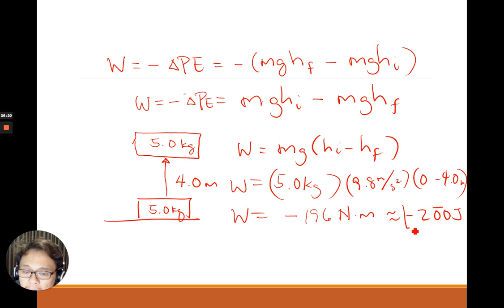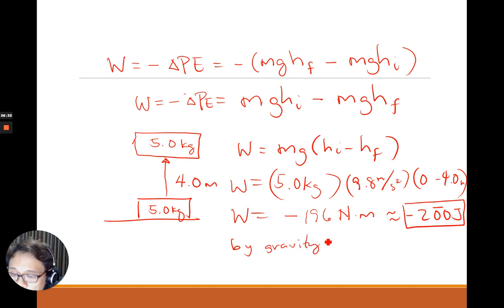Okay, so this is the work done, negative 196 joules by gravity. So for gravity, this will always be negative delta PE. All right.